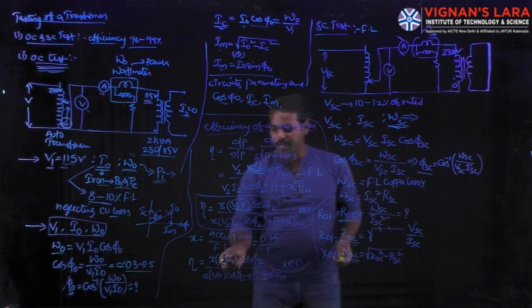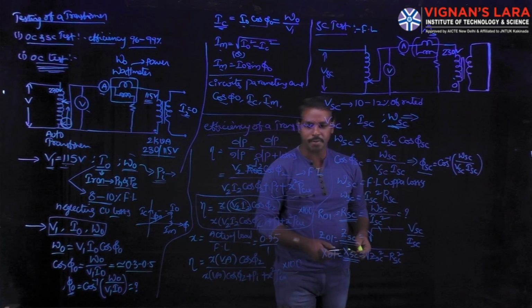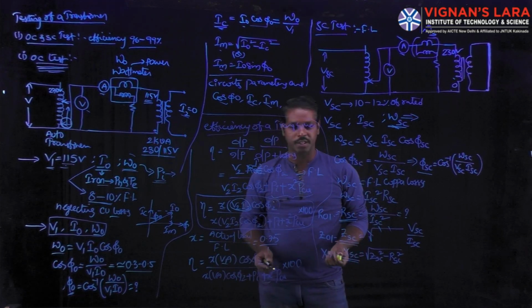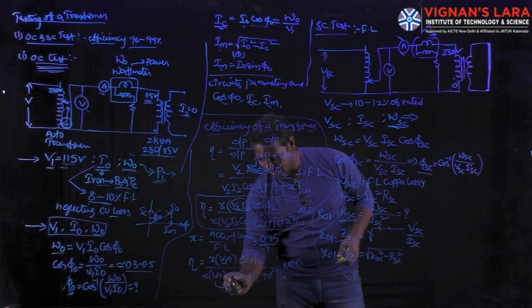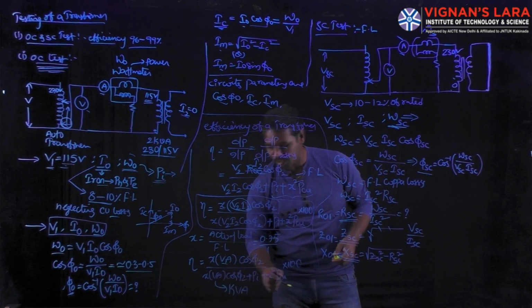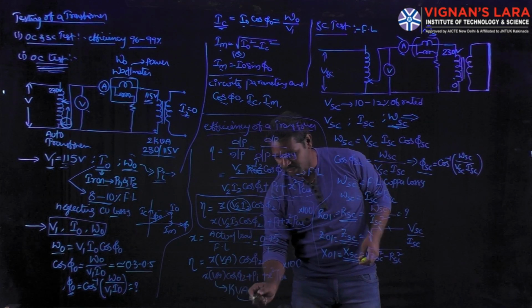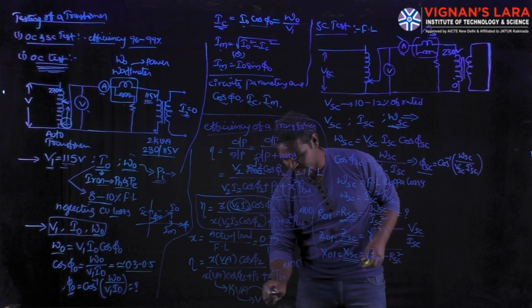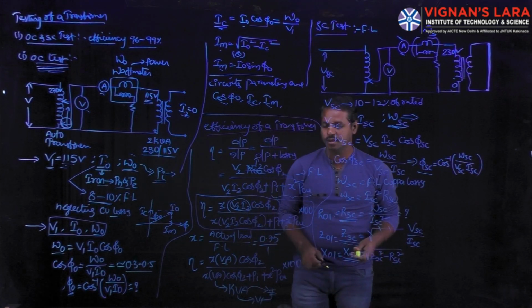Why is the transformer rating represented in volt amperes? Because the transformer operates at full load condition, its rating is represented in kilovolt amperes. Iron losses always depend on the voltage, and copper losses always depend on the current. That's why the rating of a transformer is represented in volt amperes, and we represent it in kilovolt amperes, for example a 2 kVA transformer or a 10 kVA transformer. Voltage is directly related to iron losses, and current is related to copper losses.